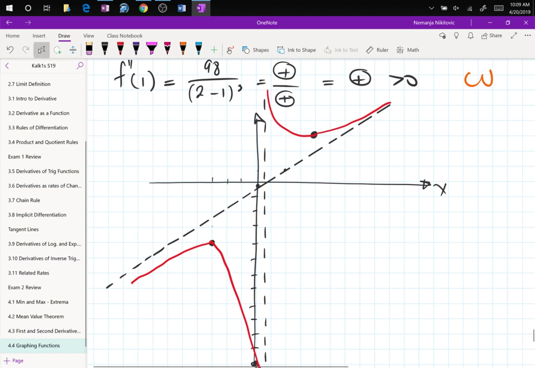Get used to that graph. Used to it? There it is. Same thing. Very easy, no problem, right? Good. Time for a break. Bye.